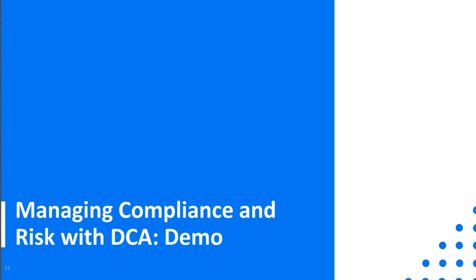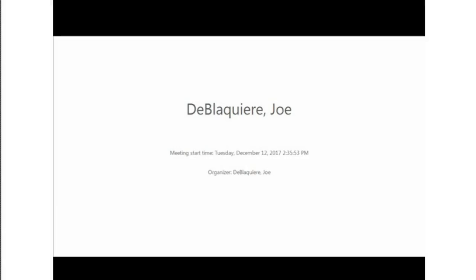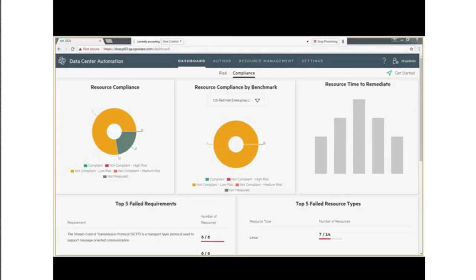In terms of looking at the data center automation suite, what we want to do is actually go through a demo, and what I've got is a demonstration of using the product. So when you launch into this, we're going to focus on the compliance capabilities that we have. And we start off with a view of the dashboard, right?